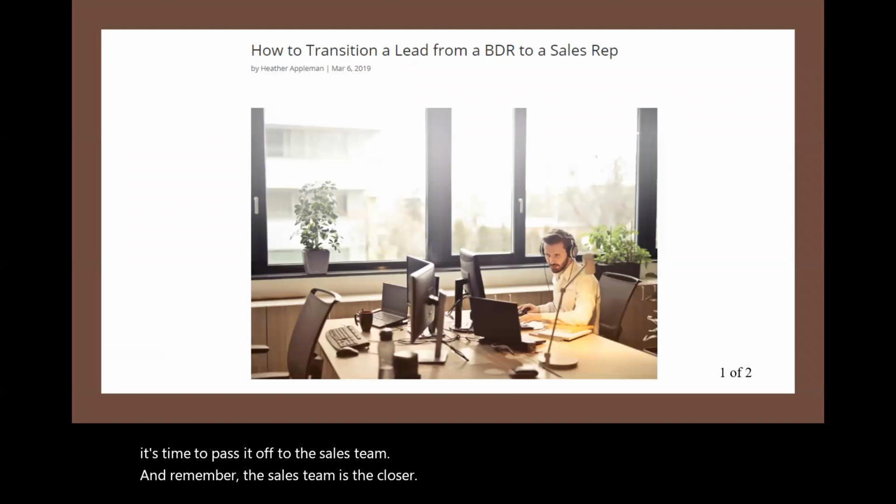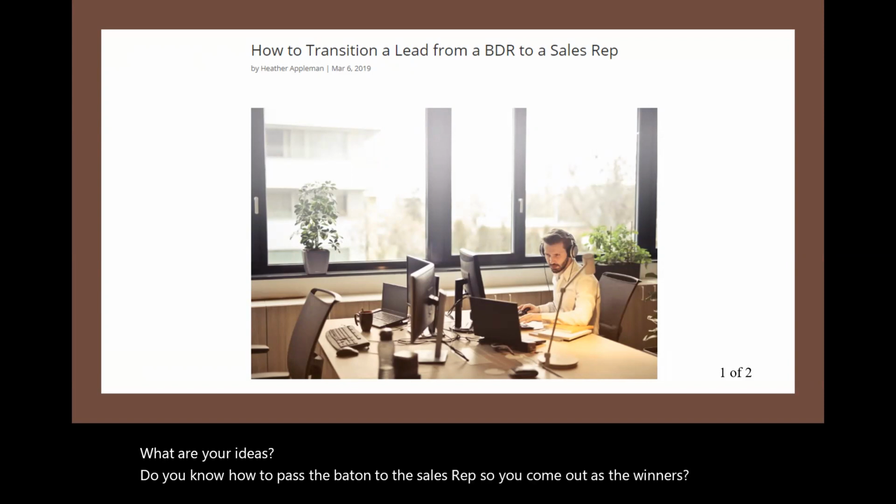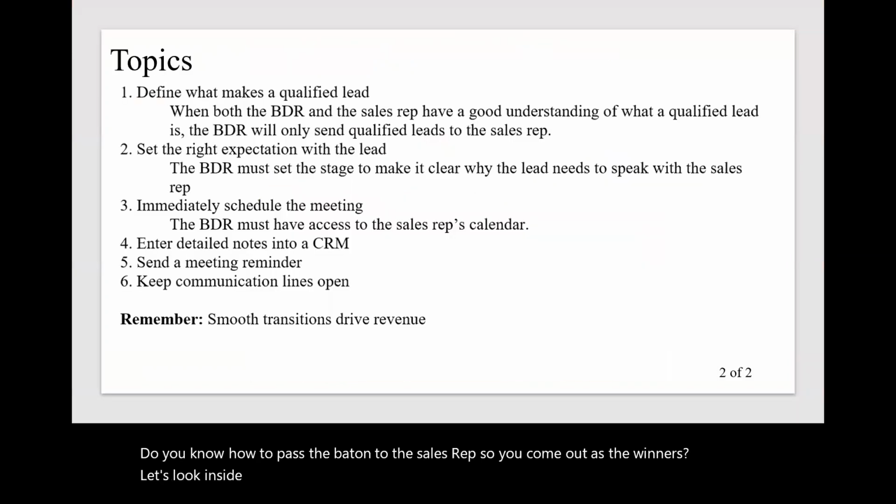Another article, how to transition a lead from a BDR to a sales rep. What are your ideas? Do you know how to pass the baton to the sales rep so you come out as the winners? Let's look inside this article. Topics addressed.